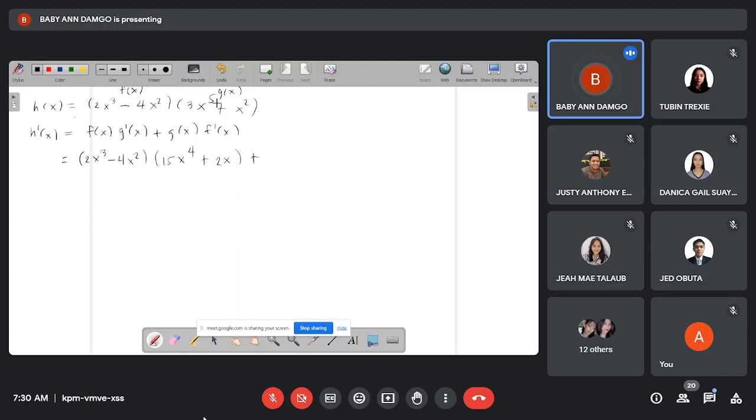So plus, copy the g of x, which is 3x to the fifth plus x squared, times the derivative of f of x, which is 6x squared minus 8x. Okay? Wait, let me check again.